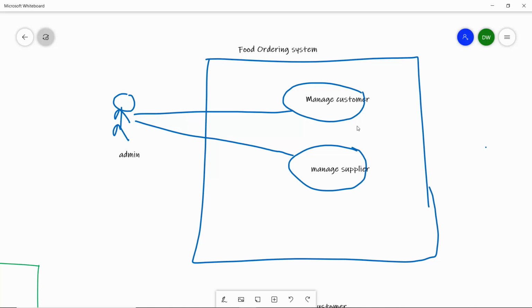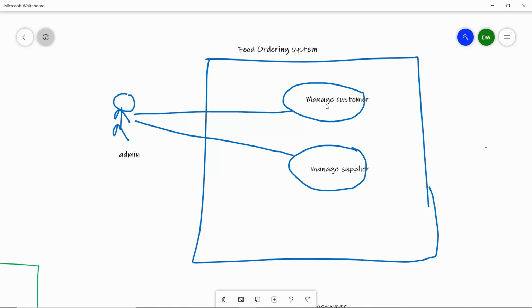For example, here I have taken an example of a food ordering system. Here I haven't mentioned all the use cases. This is just an example. Assume that you have a large number of use cases to be drawn within this food ordering system. Therefore, I have selected a number of modules. The first module I have is the manage customer module.